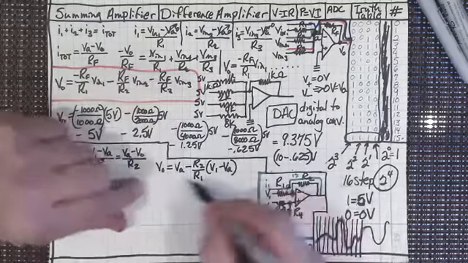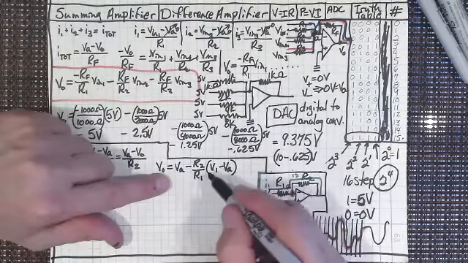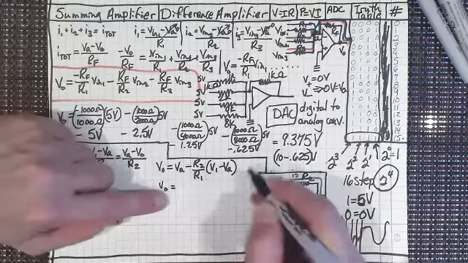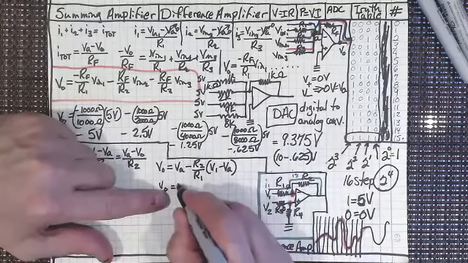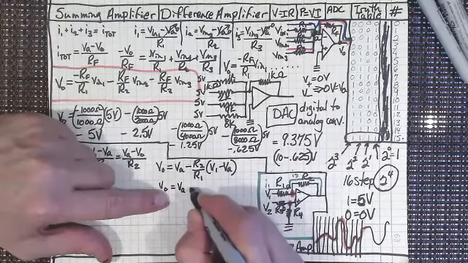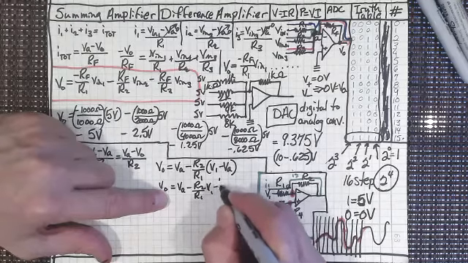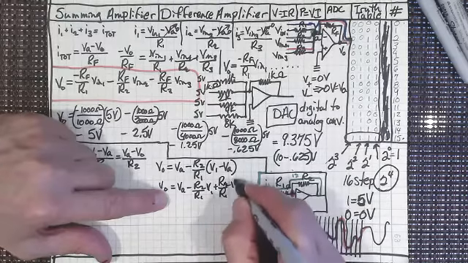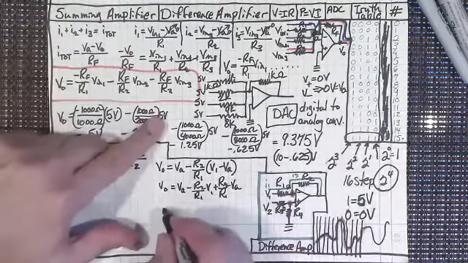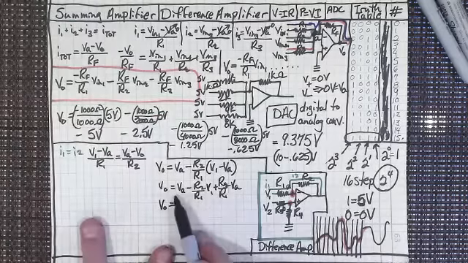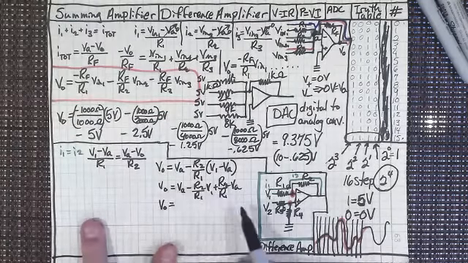Now, I can expand that out too, can't I? V out equals VA minus R2 over R1 V1 plus R2 over R1 VA. I've got VA, VA, so I can take VA out of both of those.